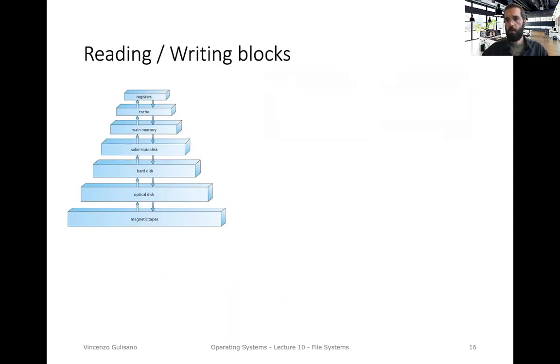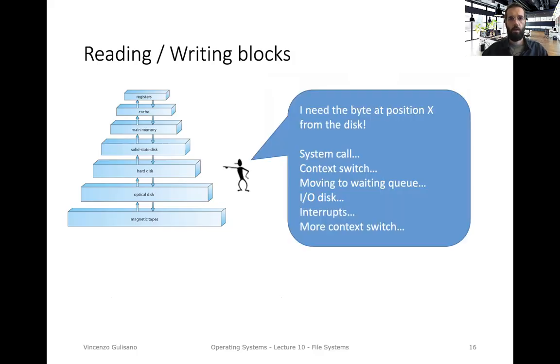Well, you remember, we saw some lectures ago, that whenever you have to read or write something from the disk, the CPU cannot directly communicate with the disk. It needs to go through several cycles because, as we said, the CPU only reaches main memory directly, which means we will have system calls, context switches, we have to move processes in a waiting queue, we need to wait for the input-output of the disk, interrupts, and so on.